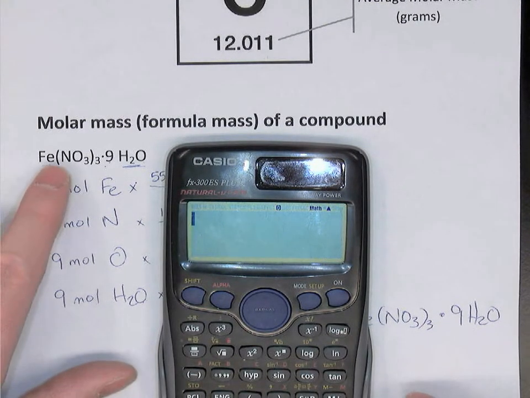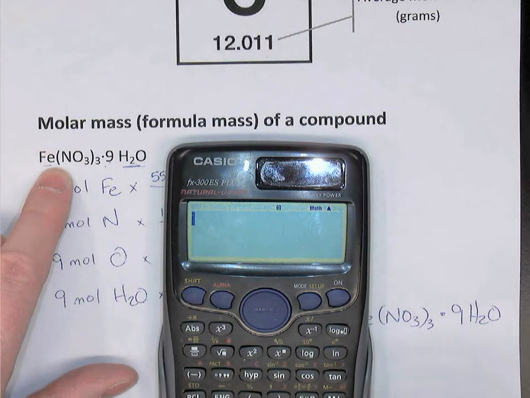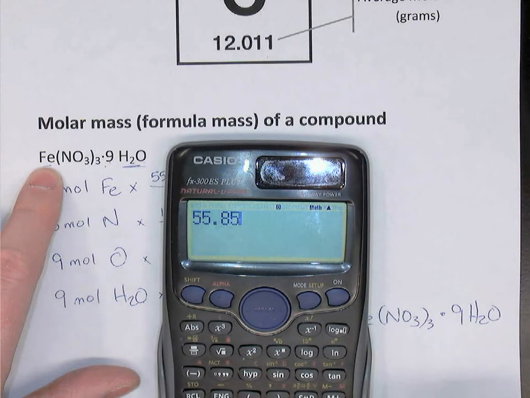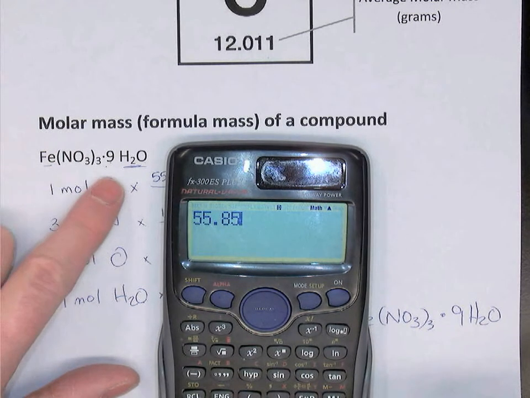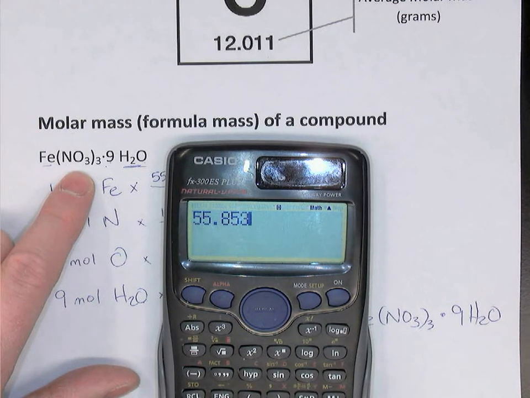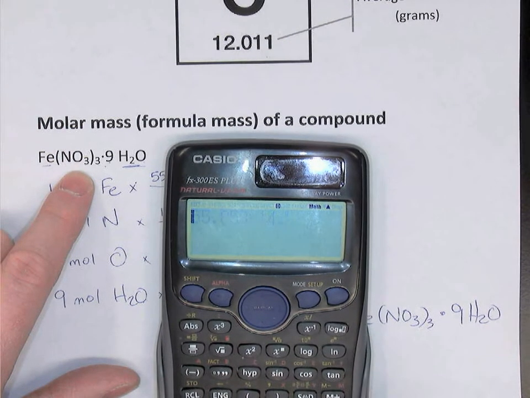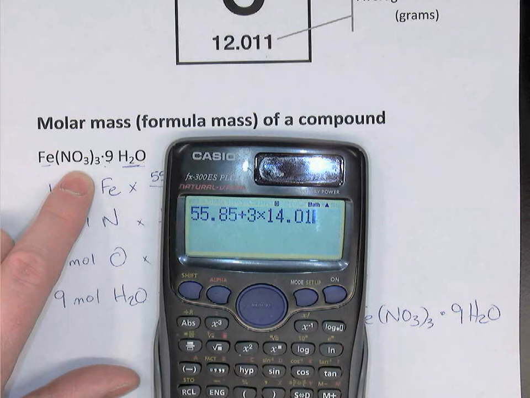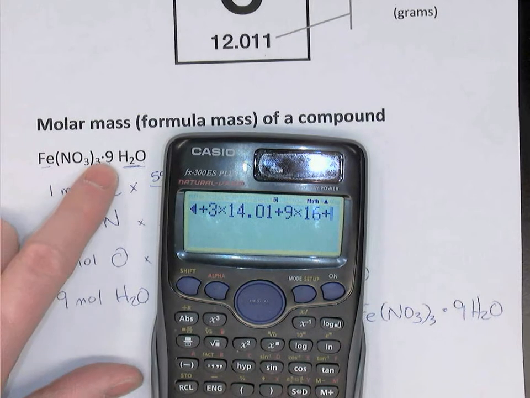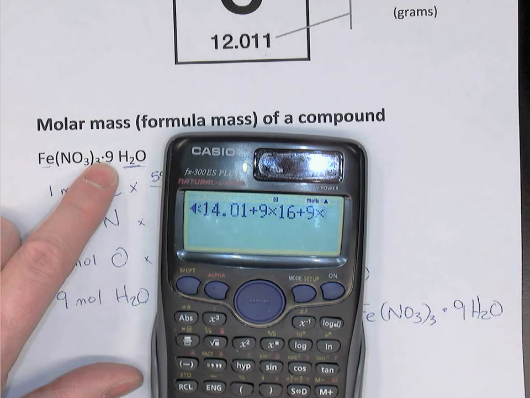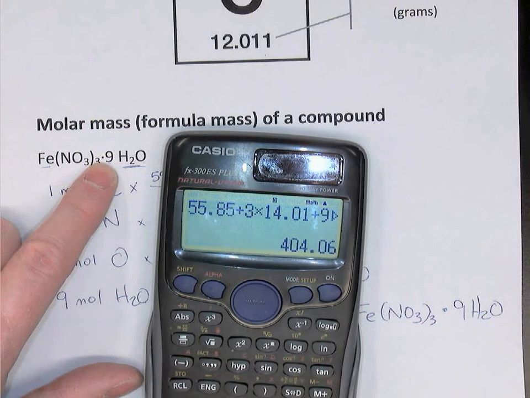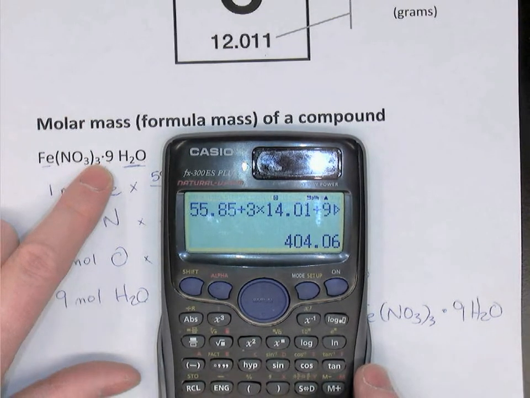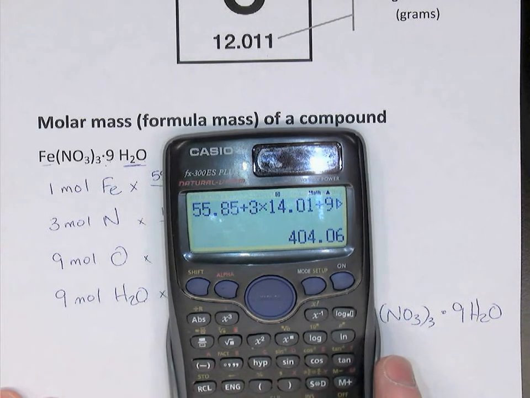I would have instead, with a periodic table and the formula beside me, grabbed a calculator, and on the calculator I'd say there's 1 iron, so 55.85, that's the molar mass of iron, plus 3 nitrogens, so 3 times 14.01, plus 9 oxygens, so 9 times 16, plus 9 waters, so 9 times 18.02 equals, and there's the same answer, 404.06, and it's very, very fast to calculate on a calculator.